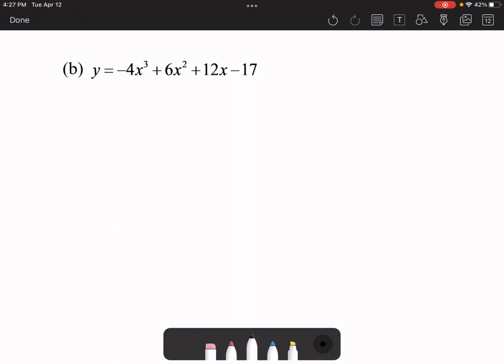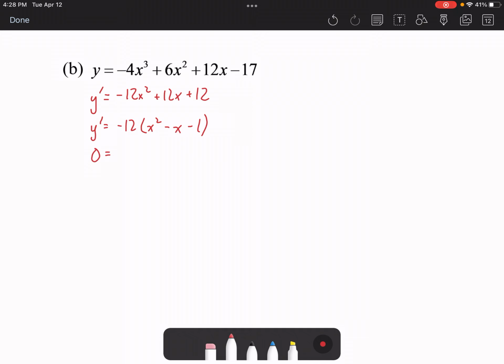Okay, so again, we need to work out our derivative. So our derivative in this case would be -12x squared plus 12x plus 12. You can factor out a -12, we get x squared minus x minus 1. We need to find out when this is equal to 0.